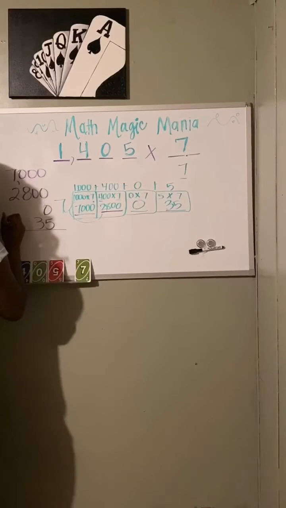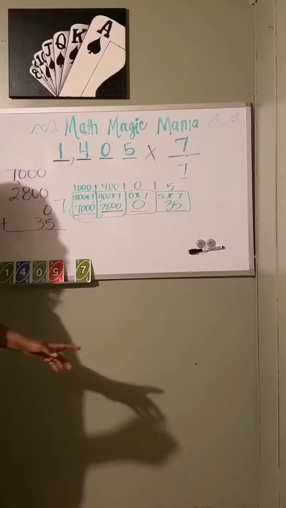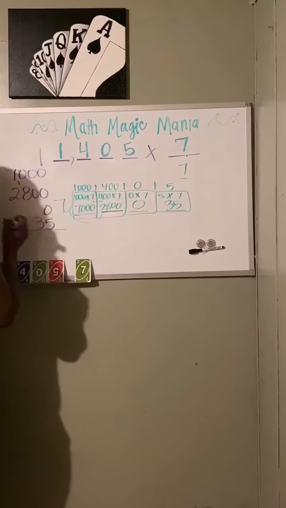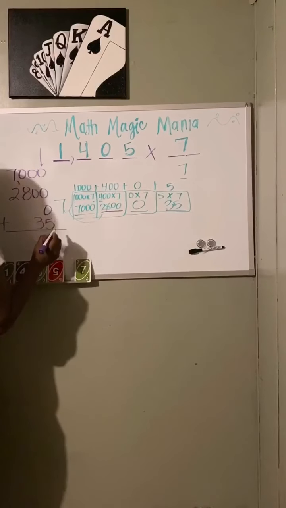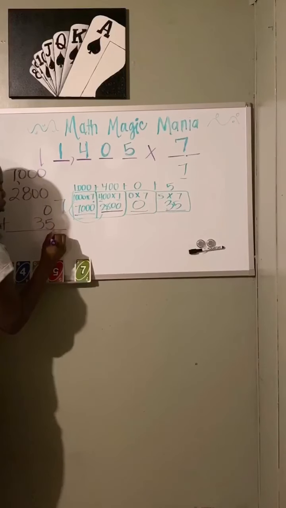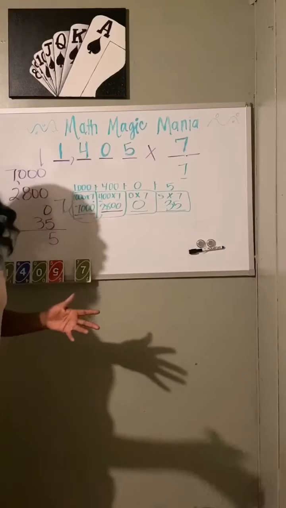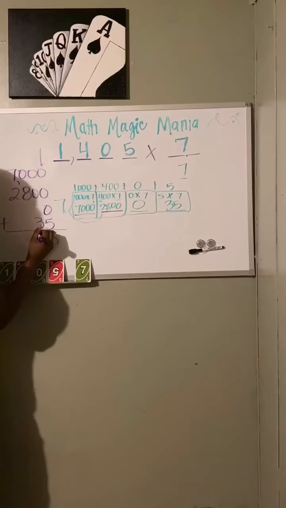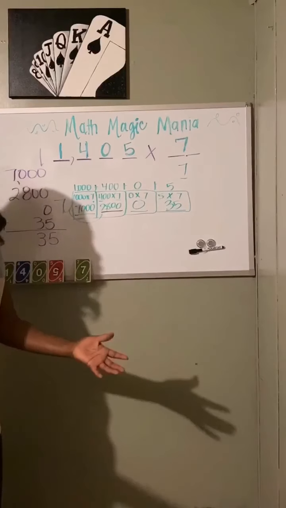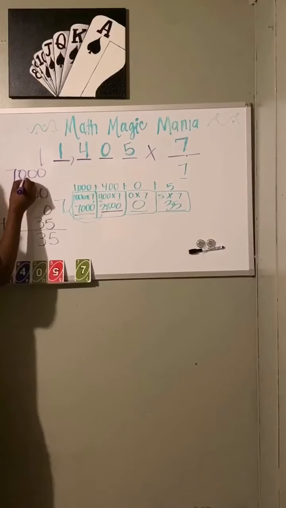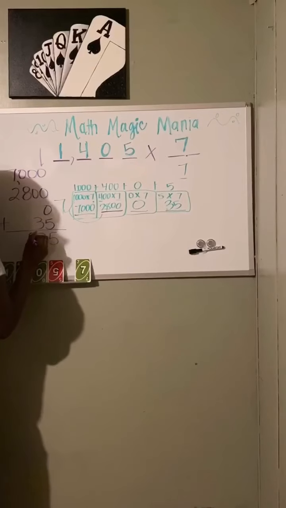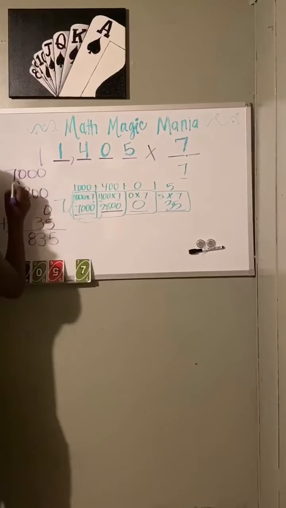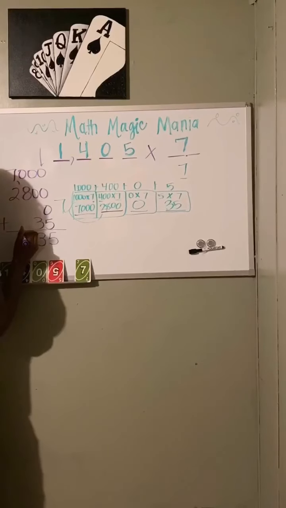Now I need to add up all of these numbers correctly. So if I add all of the numbers in my ones place, 0 plus 0 plus 0 plus 5 is equal to 5. Now I need to add the numbers in my tens place. 0 plus 0 plus 3 is 3. Now if I add my numbers in my hundreds place, 0 plus 8, I get 8. And if I add the numbers in my thousands place, I get 7, 8, 9.